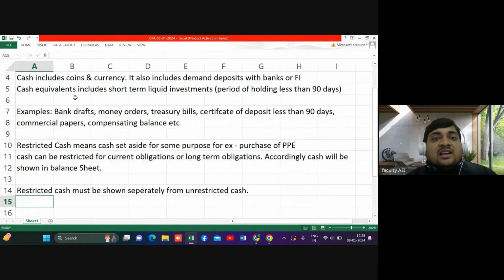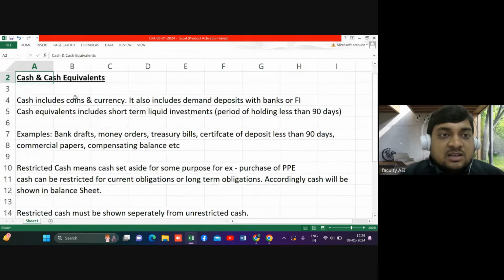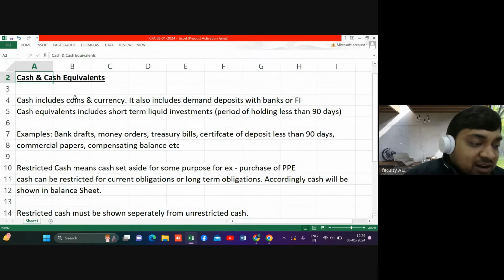Now the point is that whether we are going to show it in current asset or in non-current asset, that clearly depends upon the purpose of its use, right? The purpose for which it is set aside. So this is the meaning of cash and cash equivalent along with few examples, right?